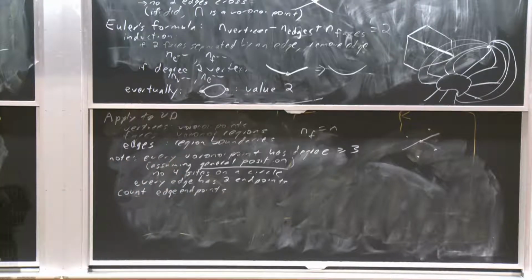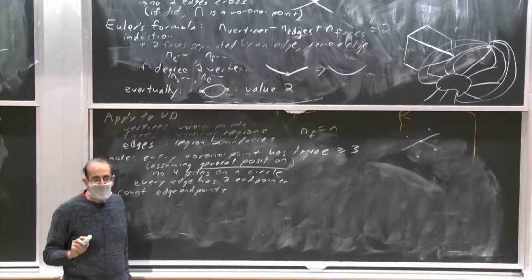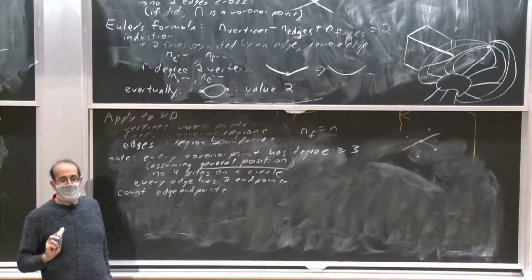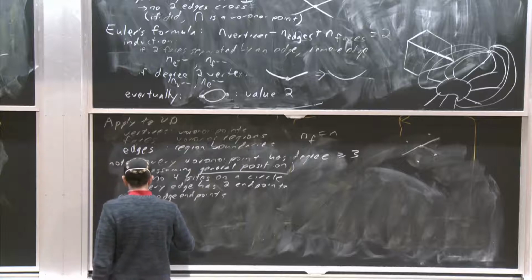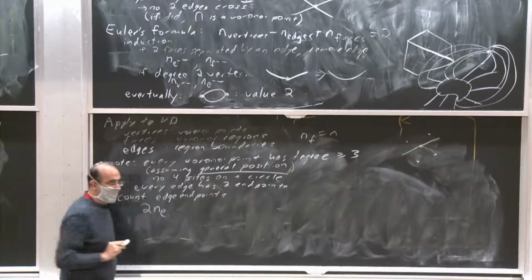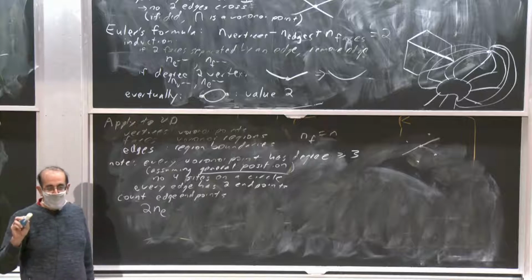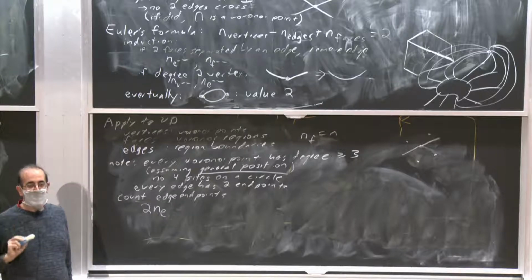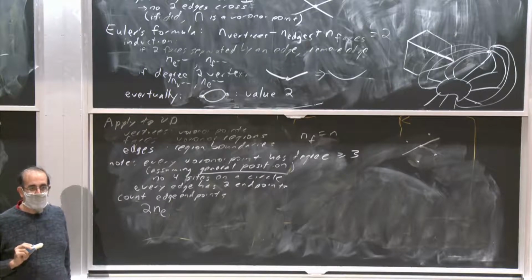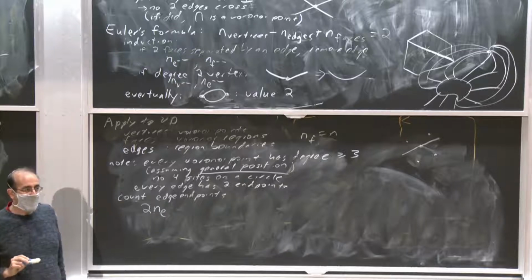How am I going to do that? Well, one way I can count edge endpoints is for every edge, count its two endpoints. So that gives me 2 times the number of edges as the number of edge endpoints. But another way that I can do it is take every vertex and count up its degree. That's another way of counting all the edge endpoints.